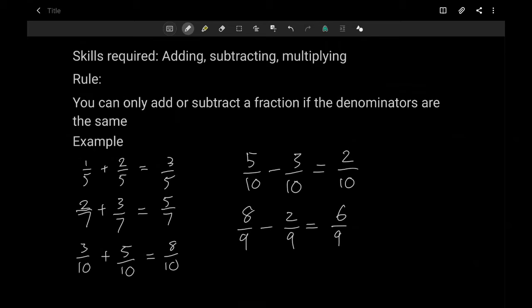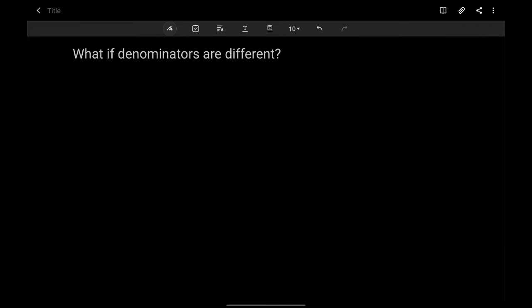Now, of course, the questions aren't always going to be this easy, and I can hear you saying, well, what if we have fractions that have different denominators? Well, let's see how we deal with that. More times than not, you're going to get questions where the denominators are different.